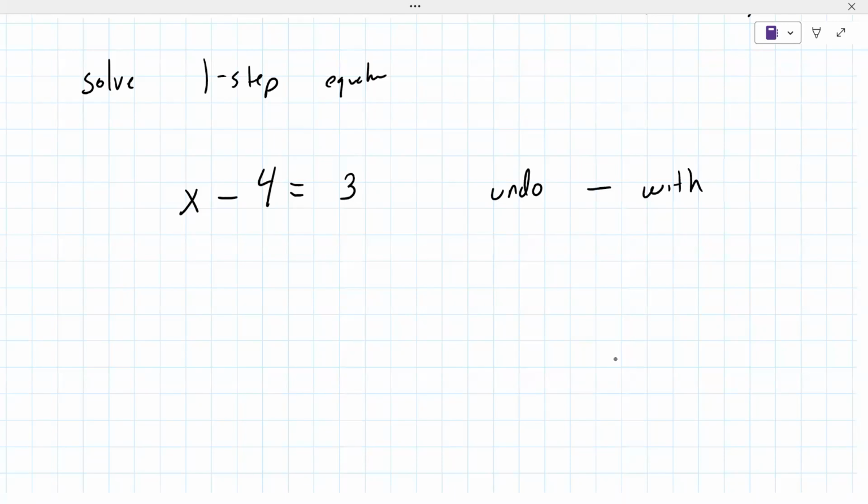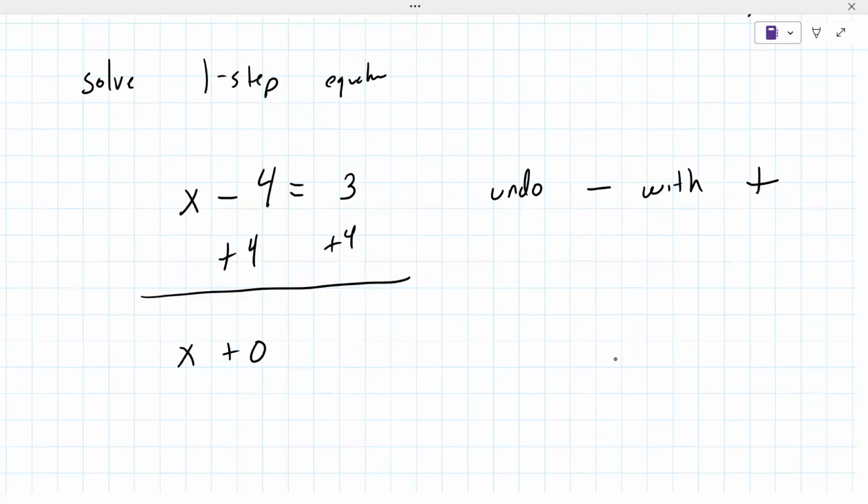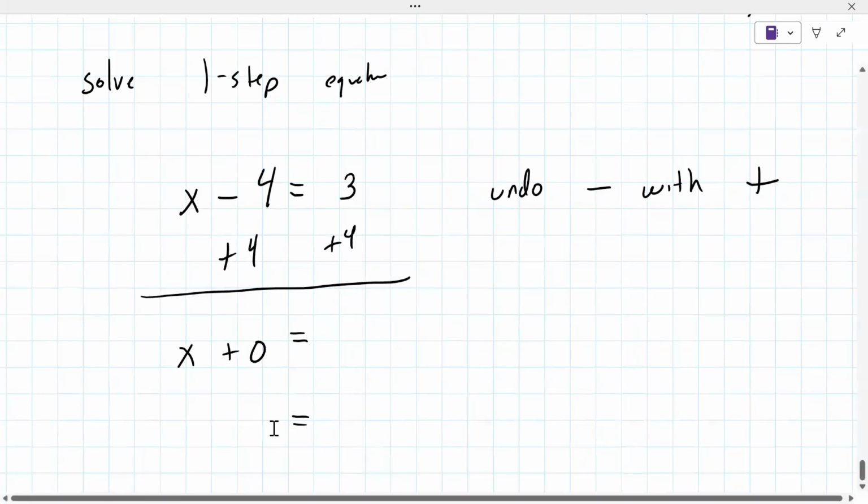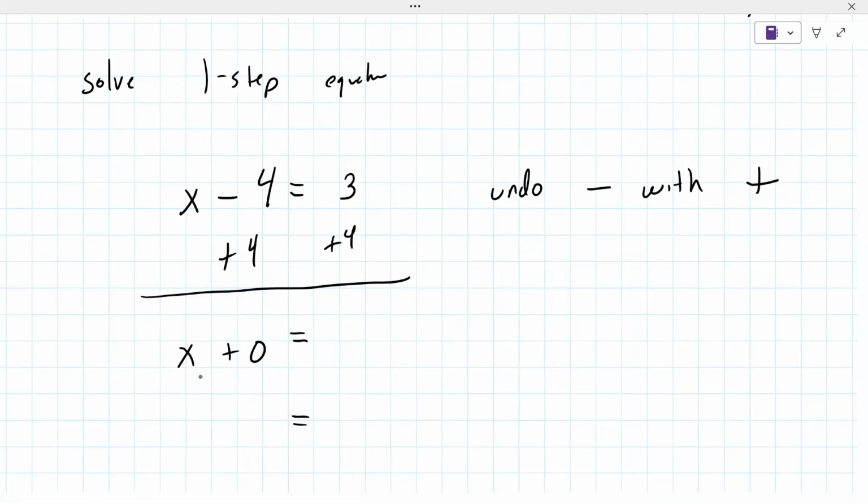Okay, so you undo subtraction with addition. So you're going to add 4 to both sides of the equation. On the left, it becomes 0. What is 0 plus anything? Do you remember? It just stays the same.